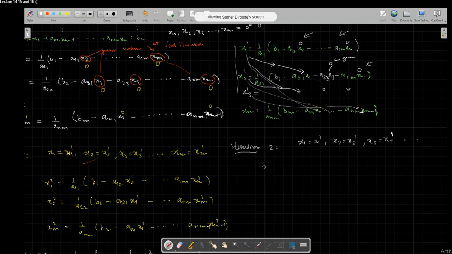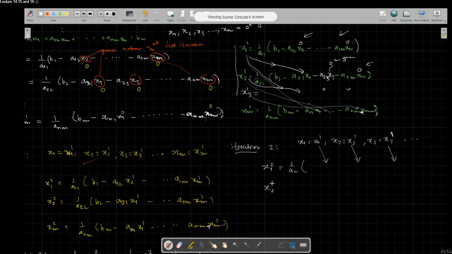And again we calculate the x1 second iteration value, x1^2 over a11, using the values from the first iteration, since for x1 at the second iteration all other values are these values. So we'll use these values.